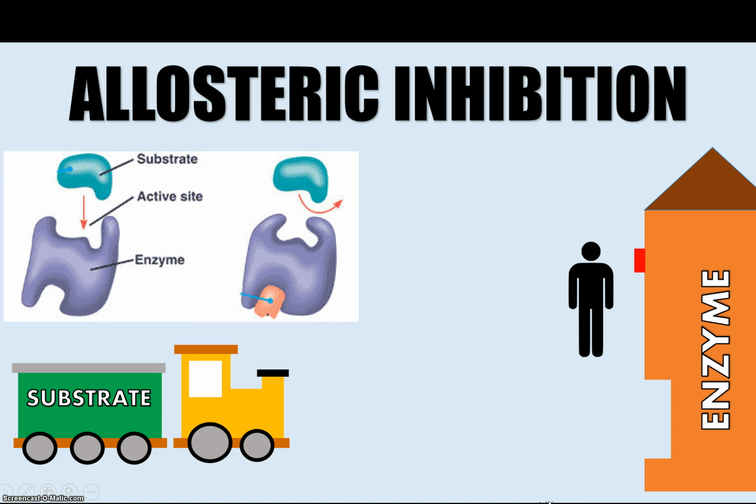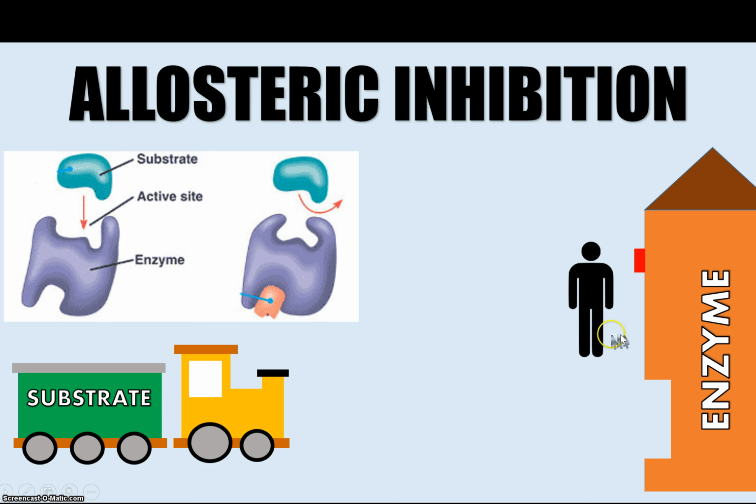Another type is allosteric inhibition, and this one's different. You can see on a more molecule-type image that you have your enzyme, and the inhibitor comes up to a different part that's not the active site on the enzyme and changes the shape of the enzyme, and this stops the substrate from being able to bind to the active site.